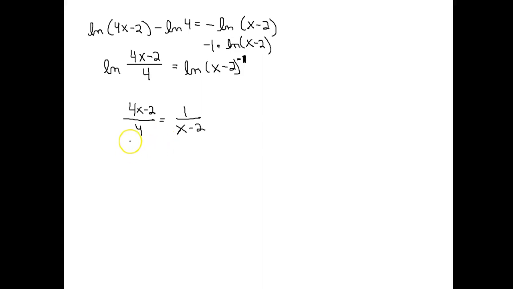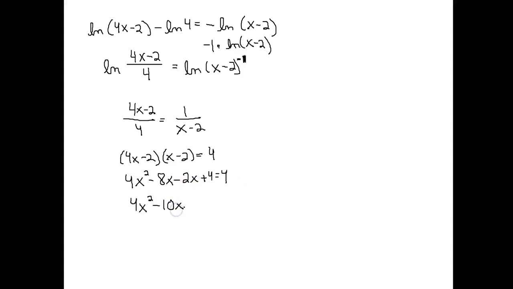Let's see. Cross multiply, you basically have a proportion here. So cross multiply. Looks like we're going to end up with a quadratic equation. Yay! Alright, so we got 4x squared minus 10x equals 0.